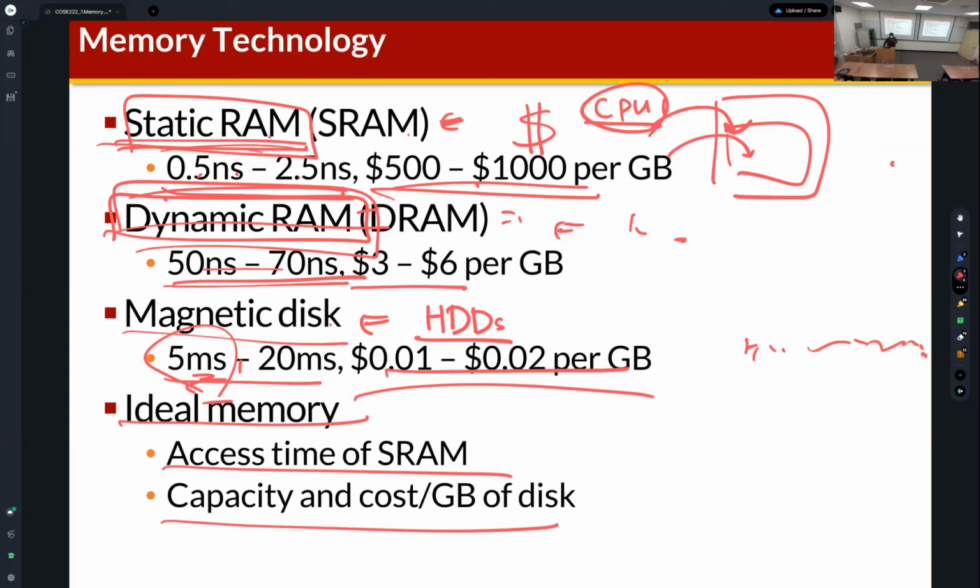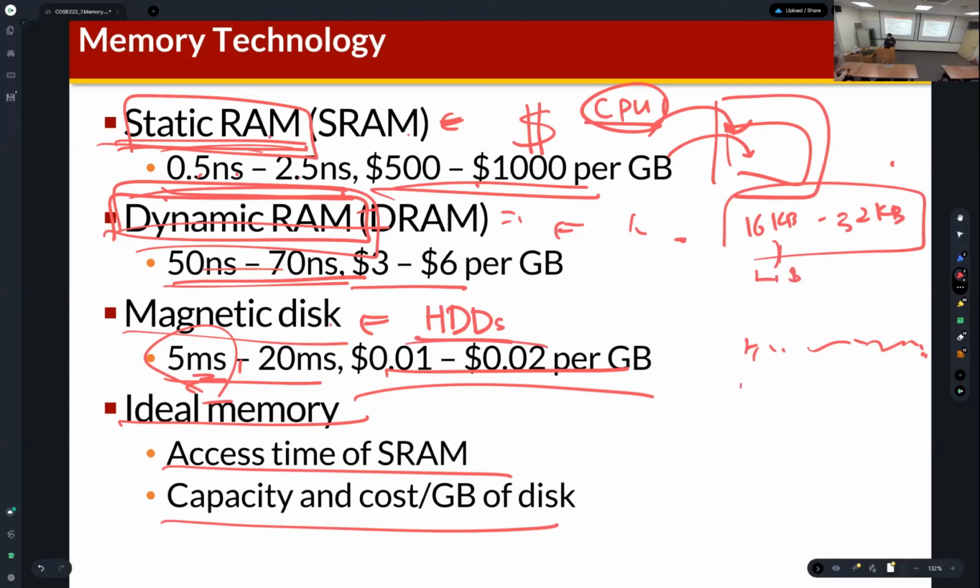If you are interested in the CPU specification, you can find the size of the L1 cache, L2 cache, L3 cache. The size of the L1 cache is around 16 kilobytes to 32 kilobytes. And then the size of the hard disk drive is almost 1 terabyte or 2 terabytes.